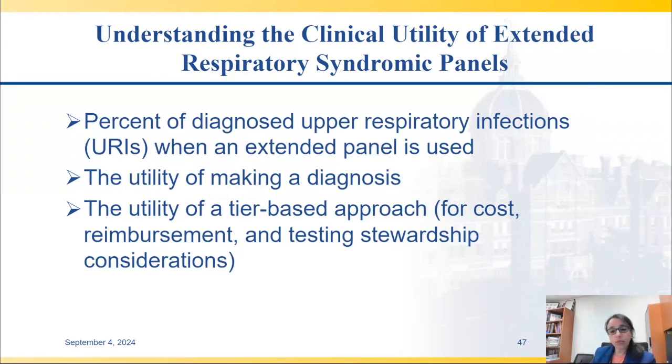Then we really wanted to understand, maybe using our local data, how we can use some of those retrospective data that we have to determine if the tiered approach might have been clinically helpful, and also try to use our own data to see if we can customize our own tiers and how we can design those tiers for the right patient, right age, taking into consideration the cost and reimbursement and the testing stewardship.